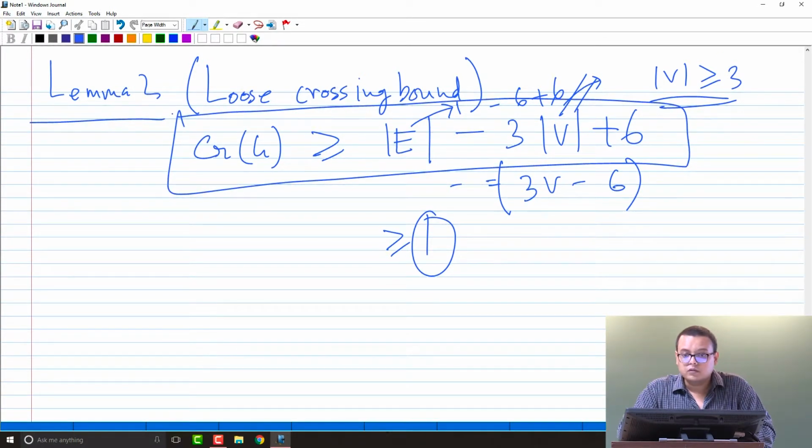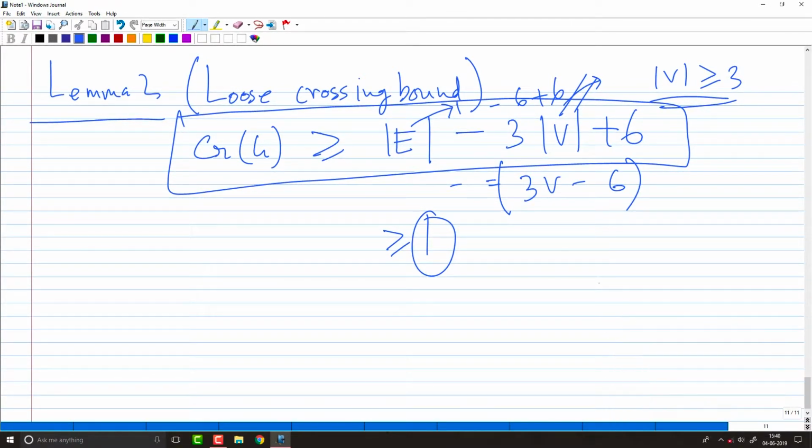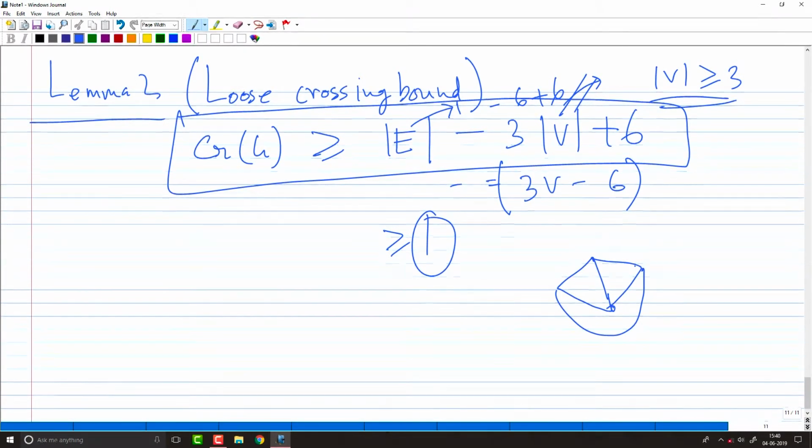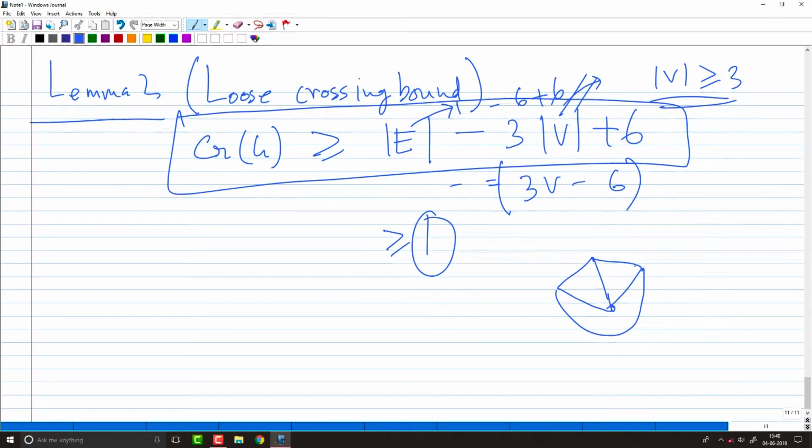K4 is not planar? I am not sure, let me see. I do not work in graph theory, but I think this is K4, no? It's planar. What about K5? K5 is not planar. From what theorem is this? Do you know? Kuratowski's theorem, right? Isn't this K4 on 4 vertices?